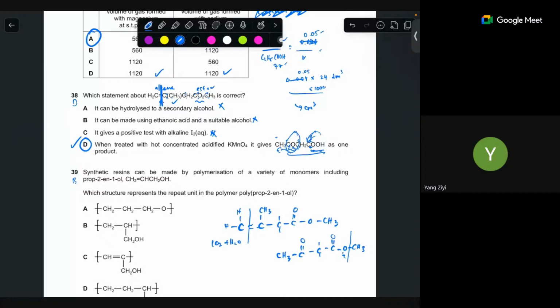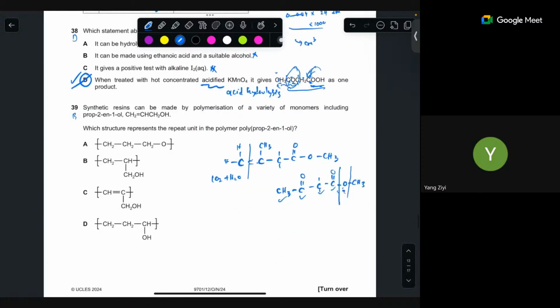Because it is acidified, acid can actually hydrolyze the ester bond. So when you hydrolyze this, you have 1, 2, 3, 4. 1, 2, 3, 4. Yeah, possible. So there is also acid hydrolysis here. Yeah, D will be the answer.